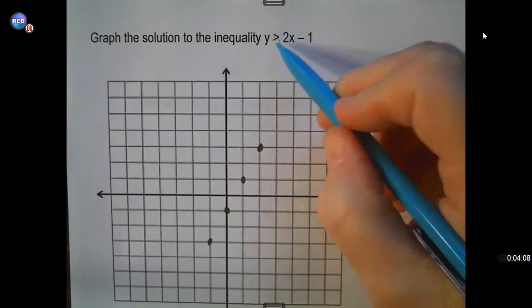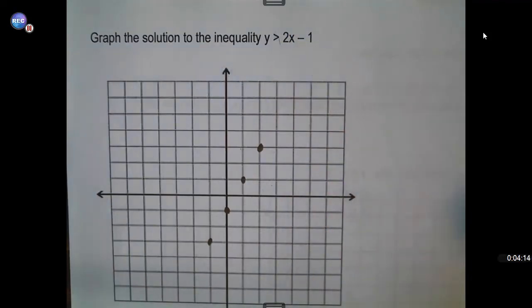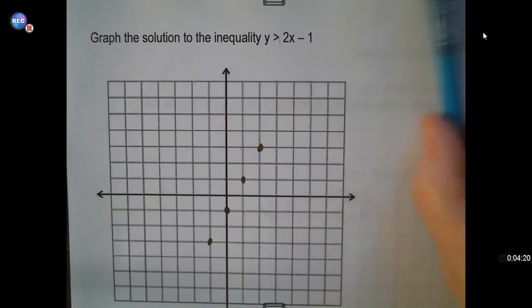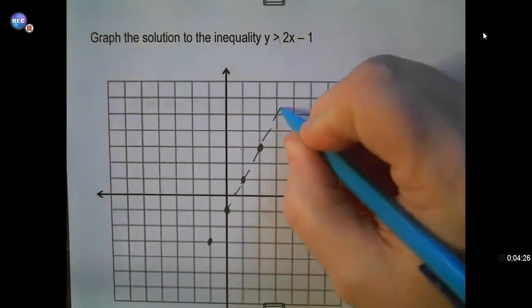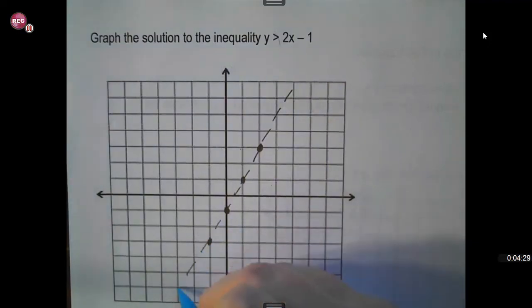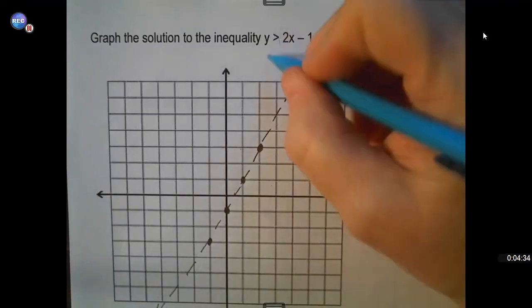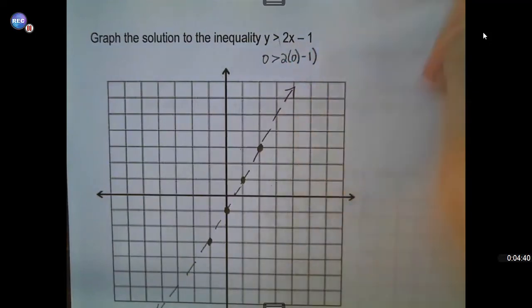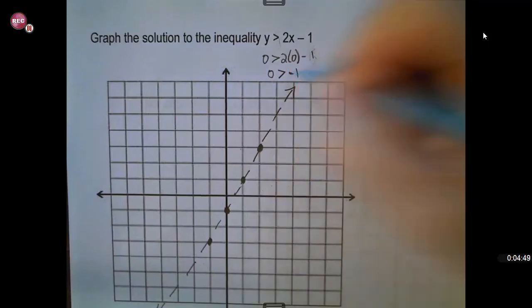Now this line is strictly greater than, so that means the line is not going to be included. The only solution is going to be either above the line or below the line, but it's not going to include the line. And the way we show that is that when we draw this in, we draw in a dotted or dashed line, whatever you want to call it. Okay, and then I do the same thing. I plug in 0 for y, and I plug in 0 for x, and I get 0 is greater than -1, and that is true.